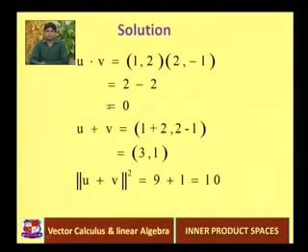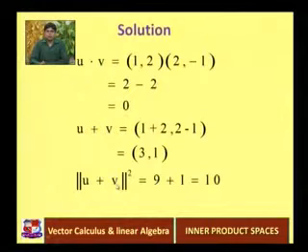Now we go for further verification. For that we need u plus v. u plus v is the sum of the first elements, 1 plus 2, and the sum of the second elements, 2 and minus 1, that is 2 minus 1, which gives (3, 1).